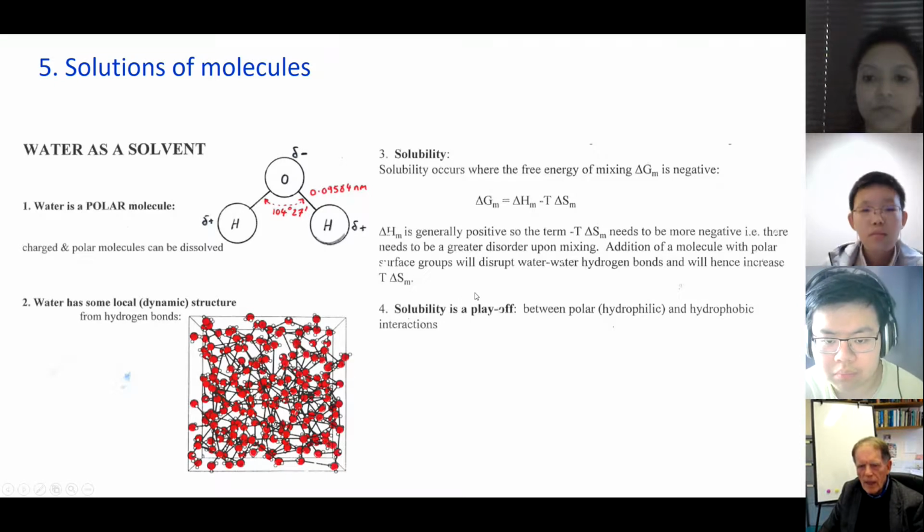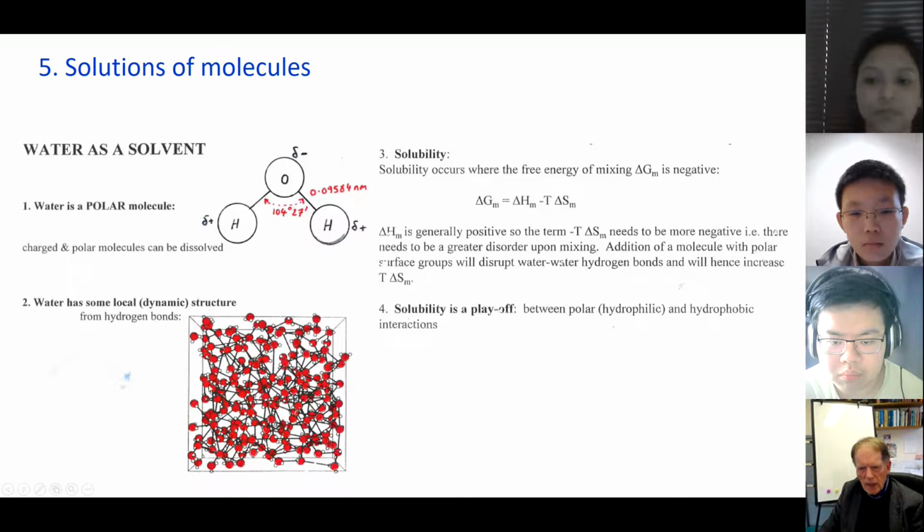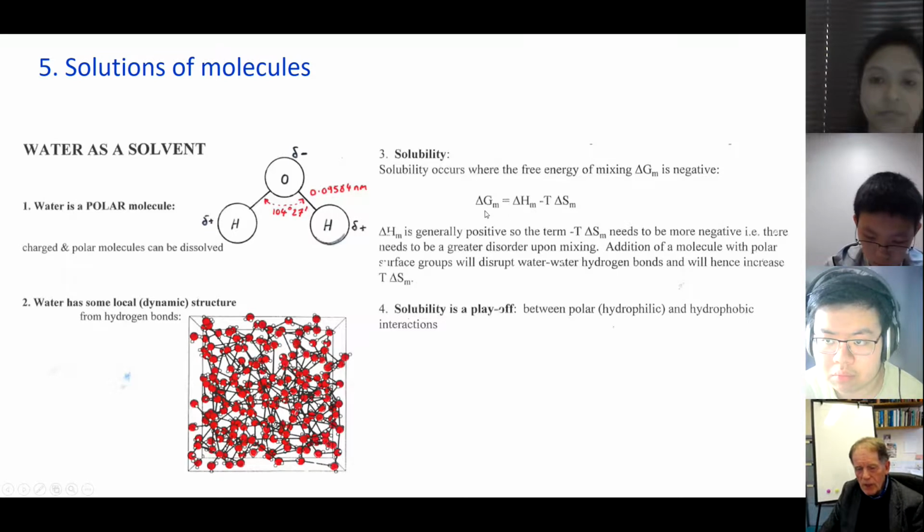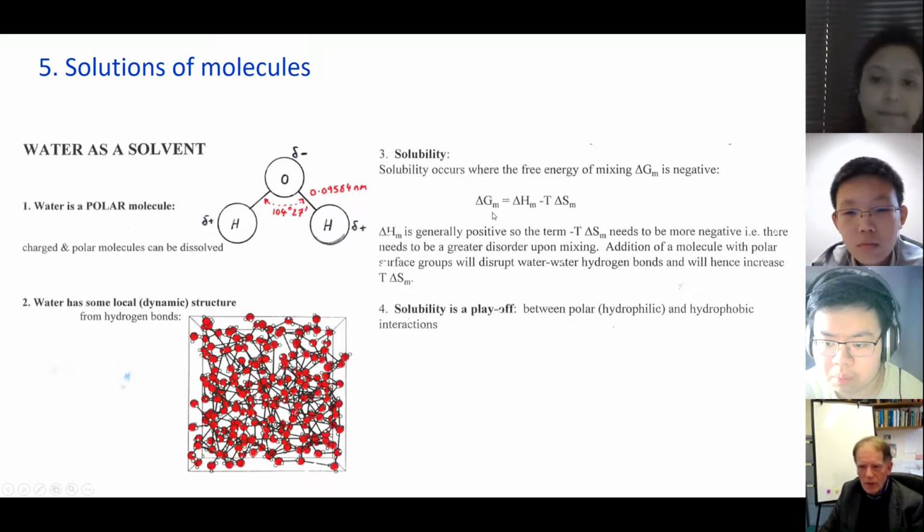So if a macromolecule is going to dissolve in water, then this term has to be more negative than this is positive for the free energy change to be negative, which is the condition for the reaction to occur.